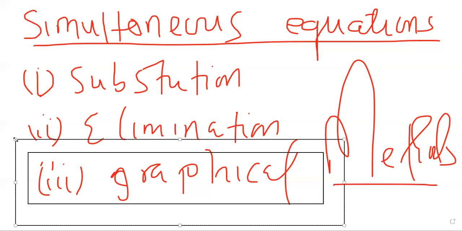Okay. So the first method that we're going to look at is the elimination method. And I remember what I had given you. What I said was, for you to use the elimination method, you need to have three things that must be present.